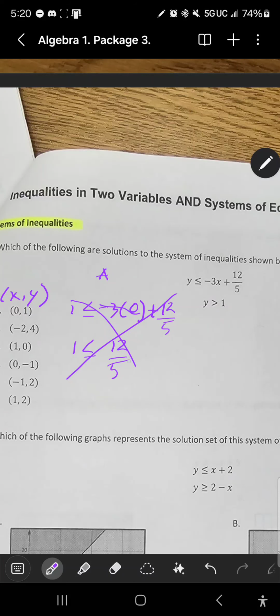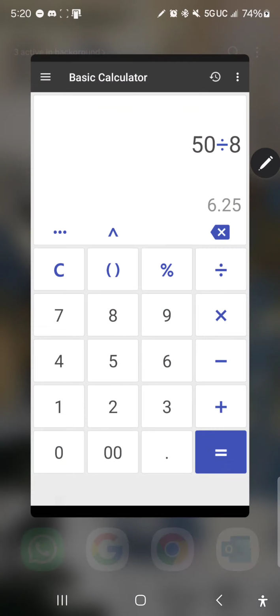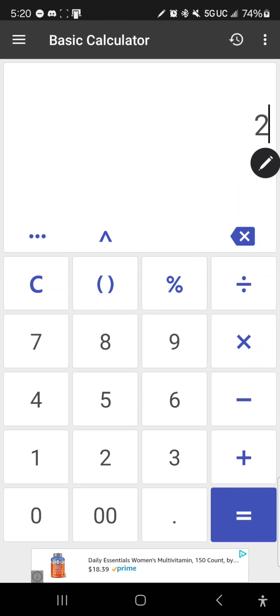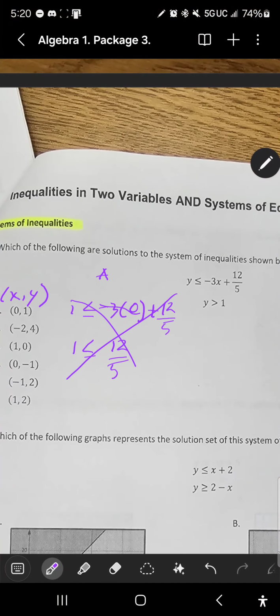This is false because 12 over 5 is going to be 2.40. And it's not, wait, never mind. It is true. I'm sorry about that. 2.4 is greater than 1, so 1 is less than or equal to 2.4, so we are fine with that.